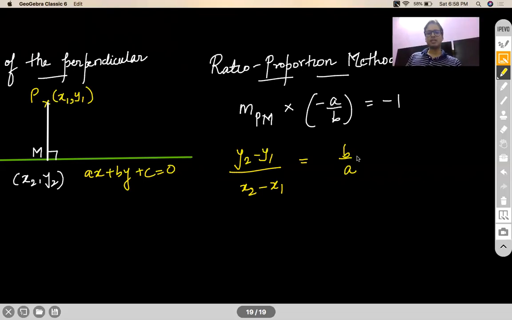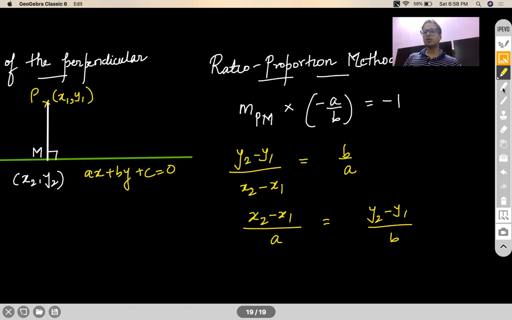Now, I will rewrite this as x2 minus x1 by a is equal to y2 minus y1 by b. So what I did was I took the x2 minus x1 term to the right hand side numerator and brought the b down as a denominator to y2 minus y1. No doubt till this step.